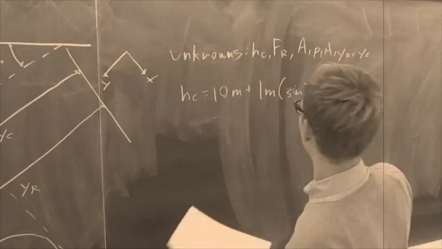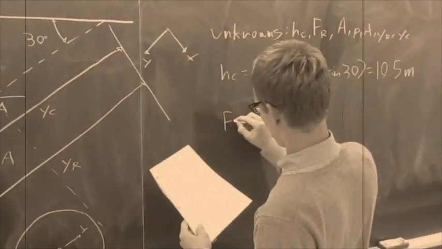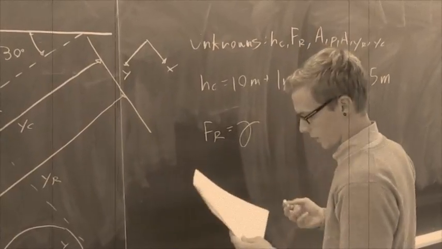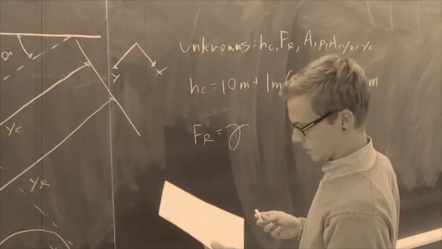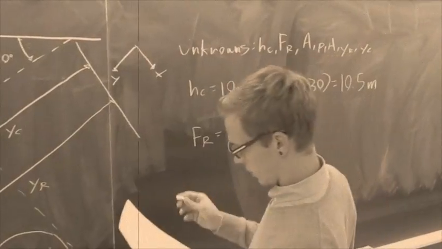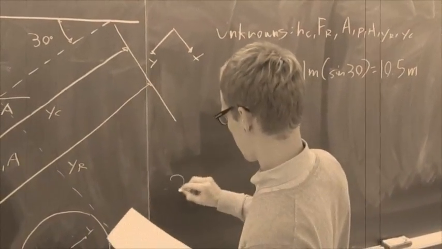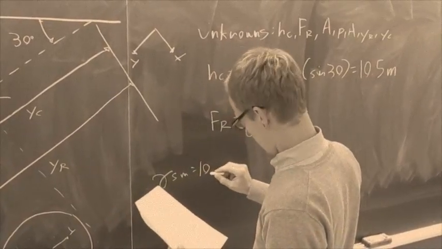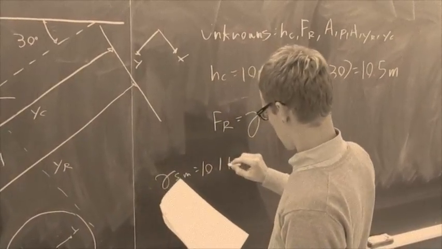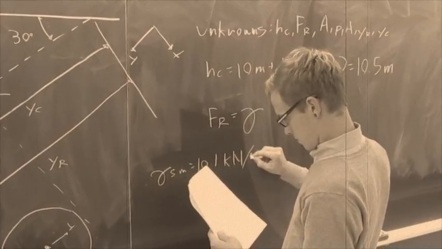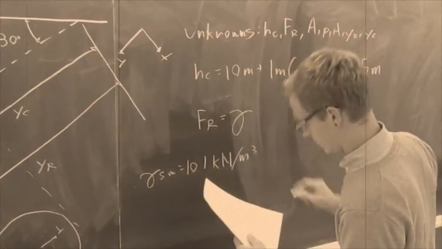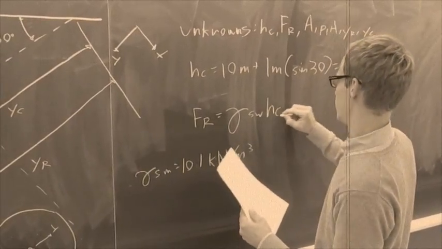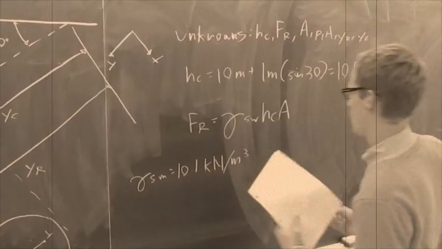From there, we'll move on to Fr. Fr equals the specific weight of seawater, which, if you get from the book, is in kilonewtons per meter cubed. So gamma seawater times Hc times A.